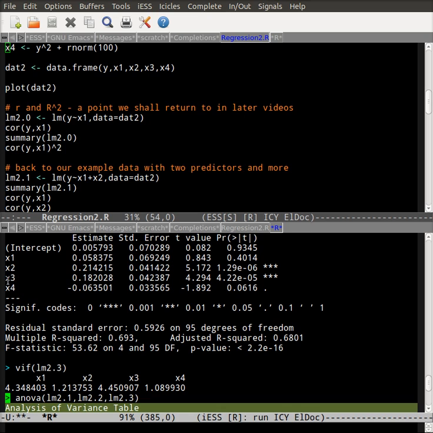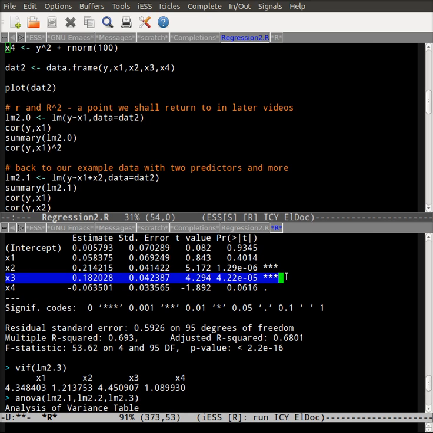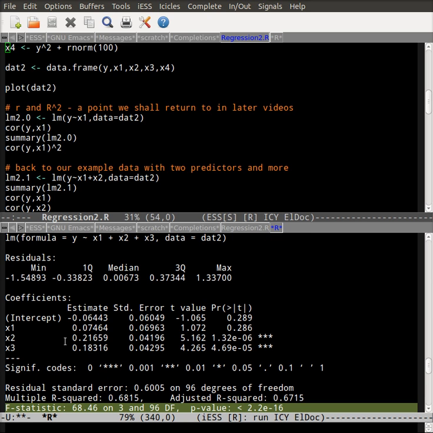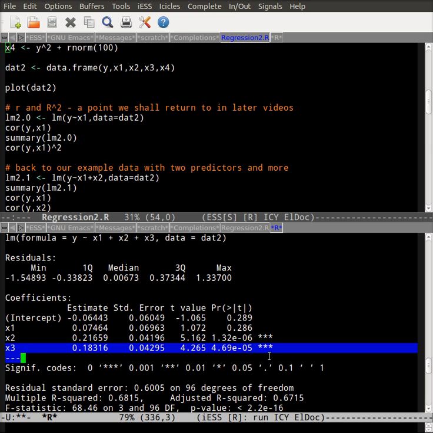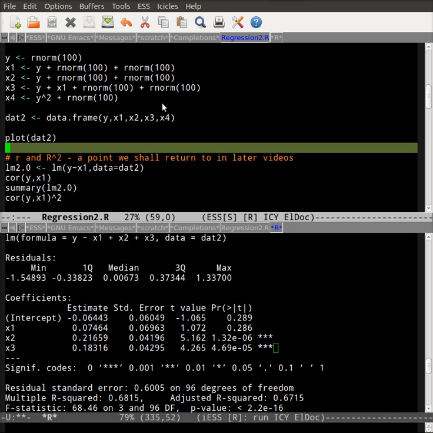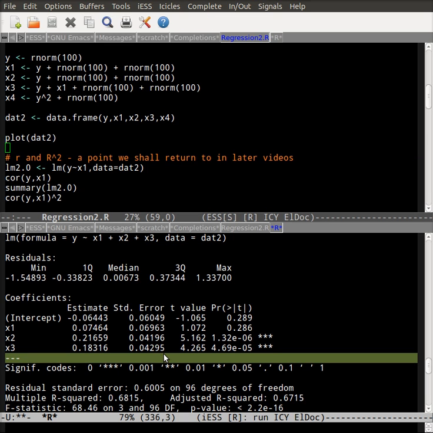You'll see that x3 is the best predictor, and it's the best consistent predictor overall, certainly relative to x1. It just so happens that x2 turns out to be a really good predictor as well.